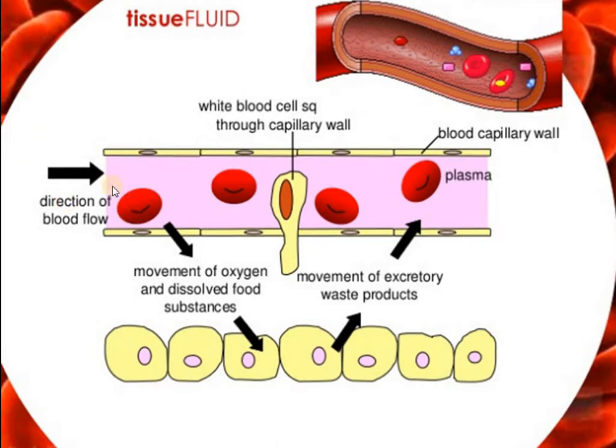These capillaries will have the arteriolar end at this side and the venular end at this side, where all the capillaries will rejoin to form venules. Venules will rejoin to form veins then.